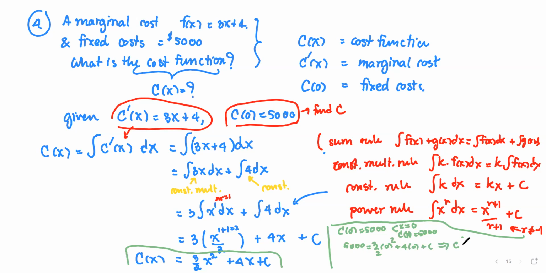Therefore, the c value is 5,000. Now we put them together as the final answer. So then the cost function, the C of x, will be in the form of 3 over 2 times x squared plus 4x plus 5,000.